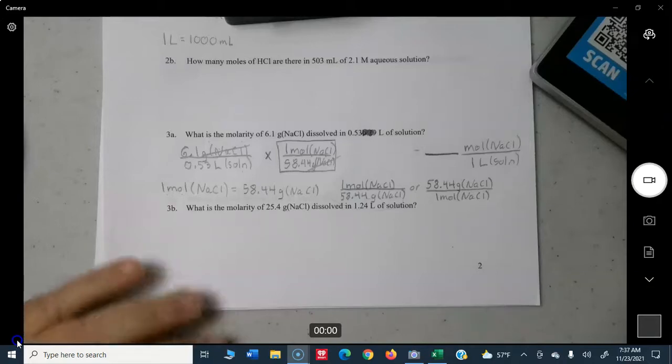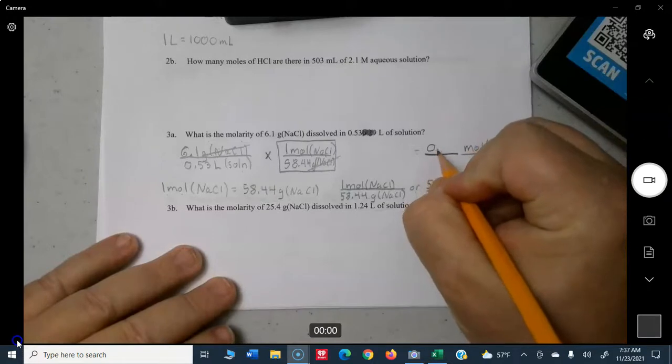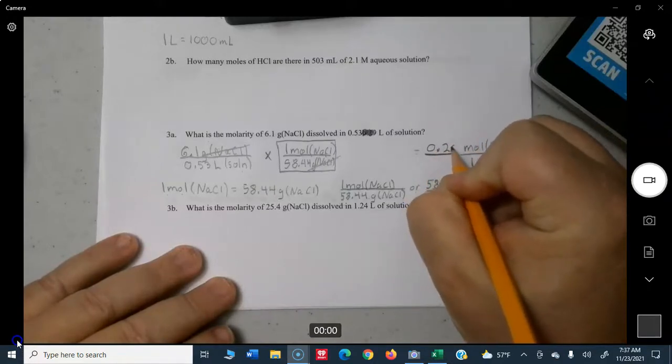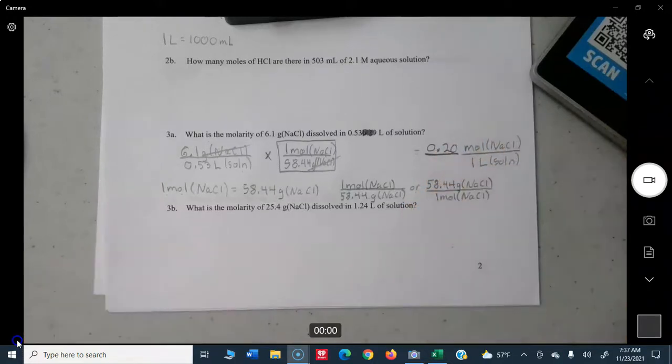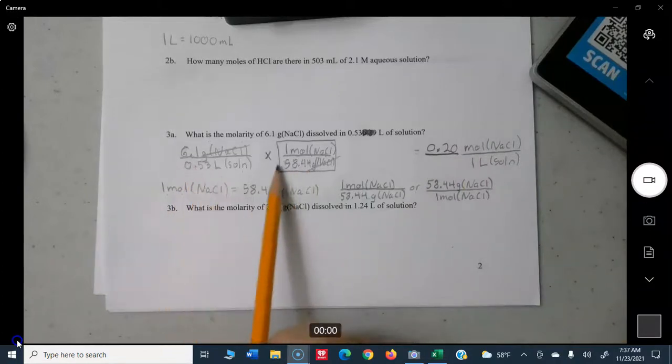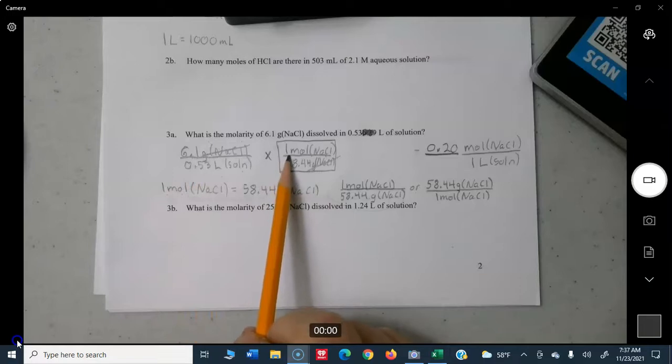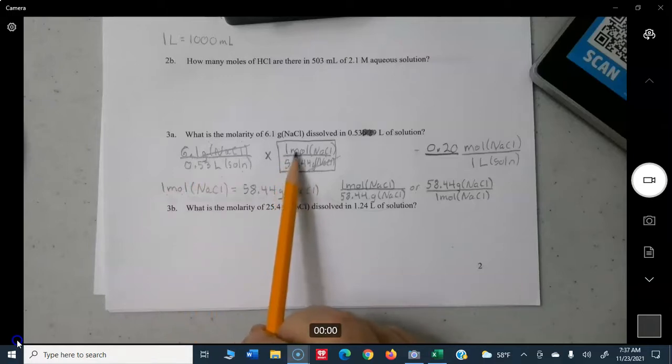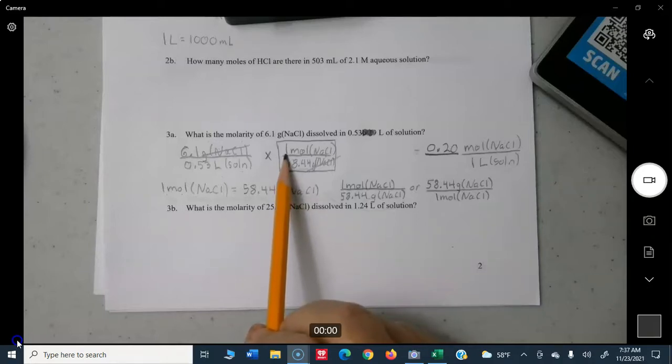I'm just going to call it 0.20. I'm not picky about the significant figures here, but just know there are 2 significant figures there. You don't count the conversion factor. The 1 mole is a standard you're comparing. This is the measured value. This is a value where you're just saying, I want to know how many grams in exactly 1 mole. So the 1 mole is an infinite number of significant figures.